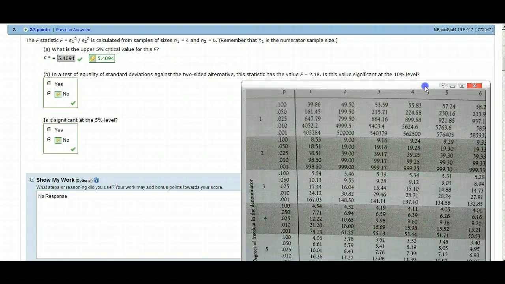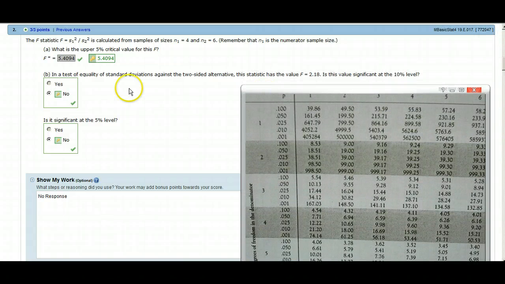Let me just pull this down here for a minute. In B it says, in a test of equality of standard deviations against a 2-sided alternative, this statistic has the value of F equals 2.18. Is this value significant at the 10% level?